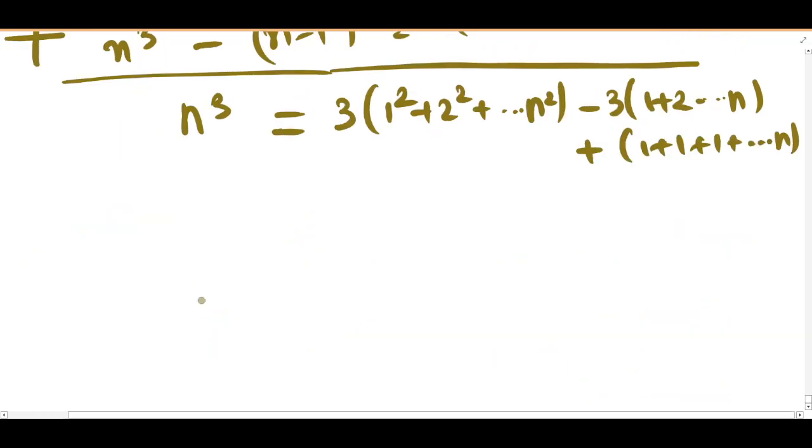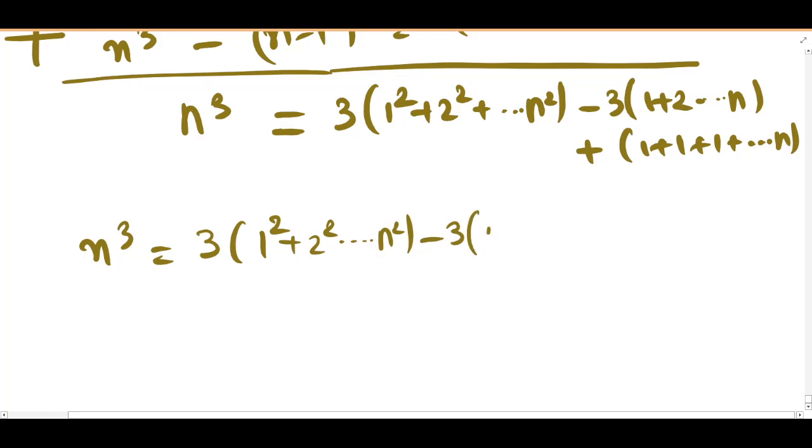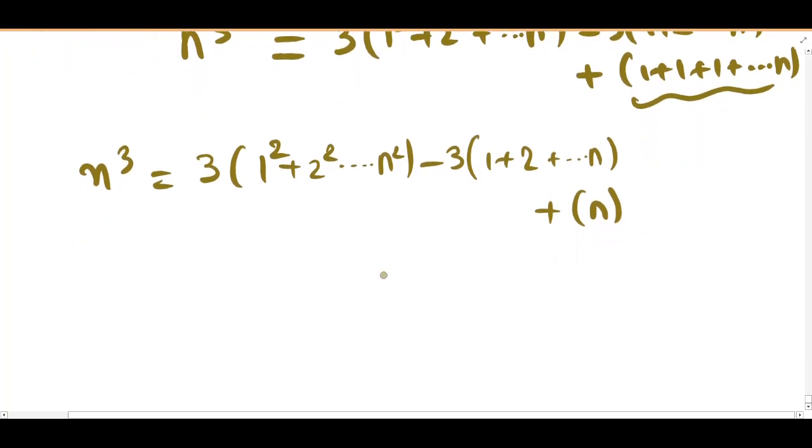So we have n cube equal to 3 times (1 square plus 2 square plus ... plus n square) minus 3 times (1 plus 2 plus ... plus n) plus n, because the sum of 1 up to n is equal to n.